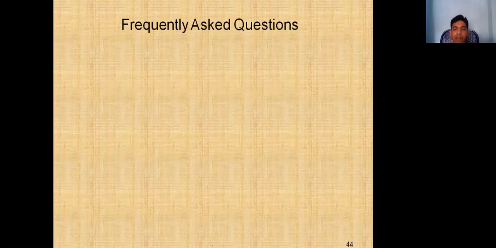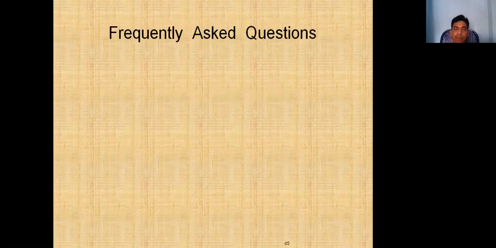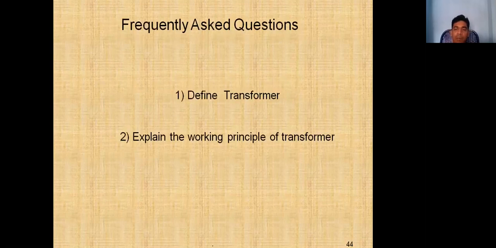Coming to the frequently asked questions. Define transformer. Explain the working principle of transformer.